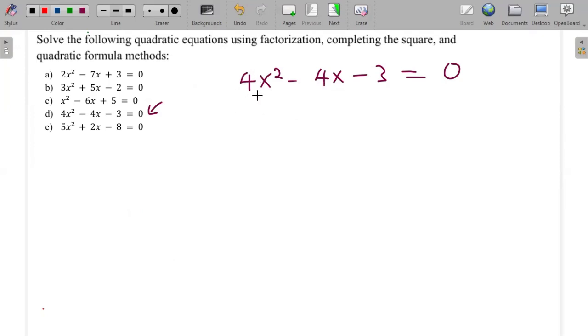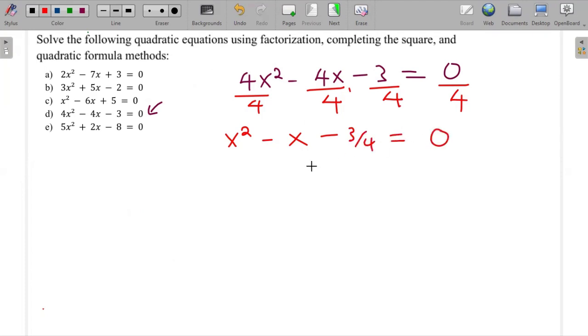So I'm going to divide throughout by 4, so that I make this coefficient a positive 1. I'm going to have x squared minus x, because 4 divided by 4 gives 1, and then minus 3 over 4 is equal to 0.